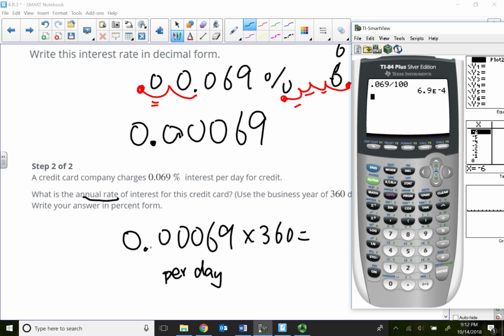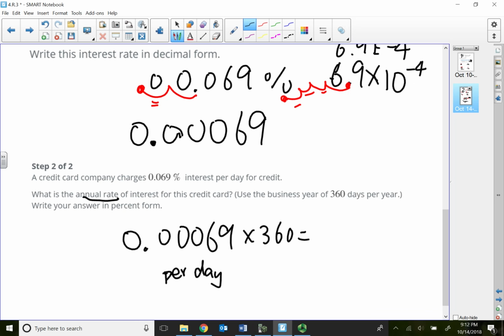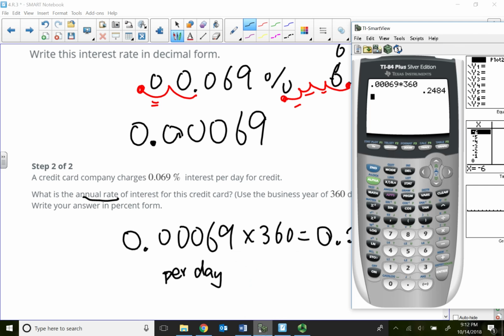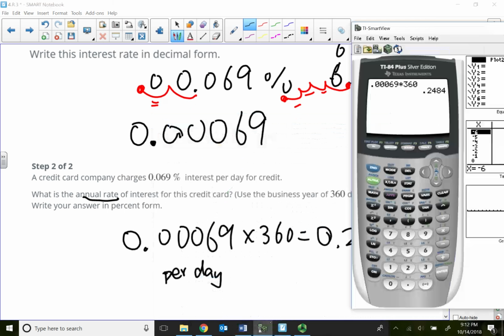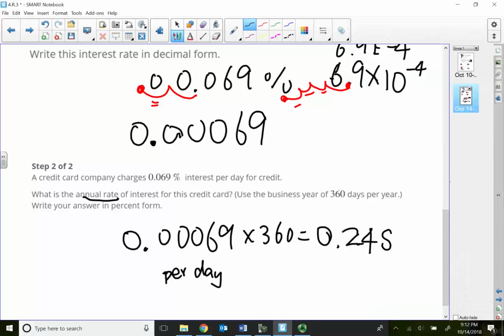Be careful now, this is a decimal notation. So if I say 0.00069 times 360, this answer is not a percent, but the decimal form. This is actually 0.2484.